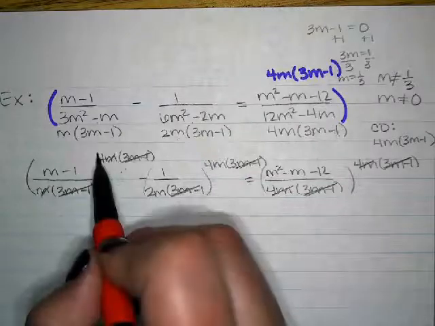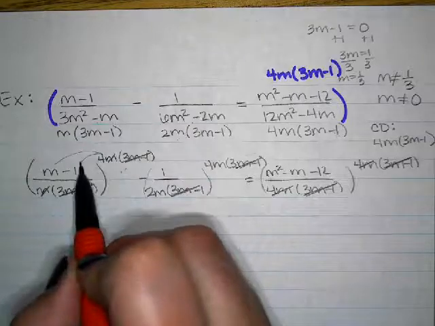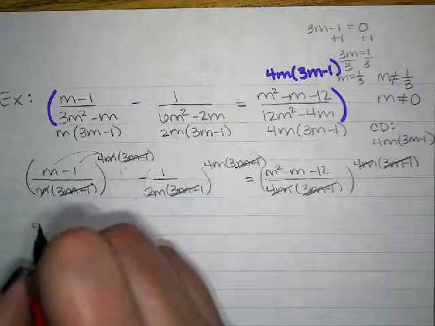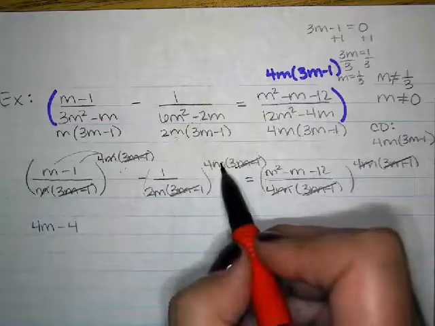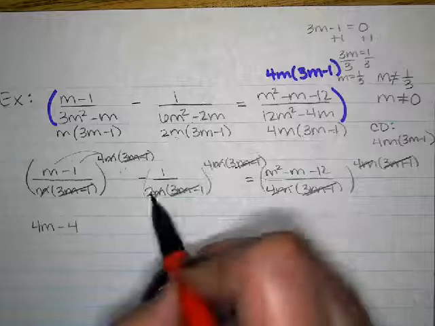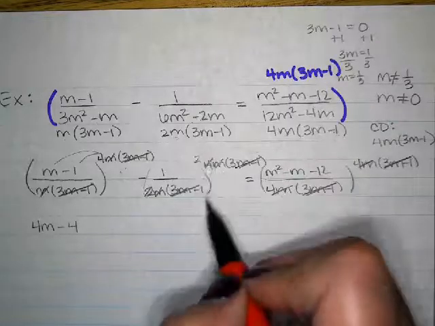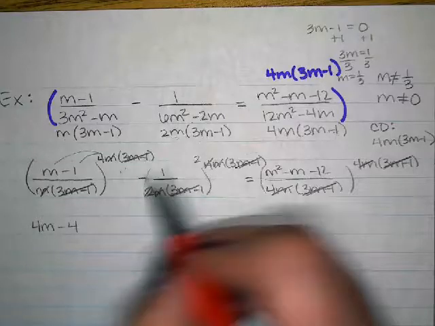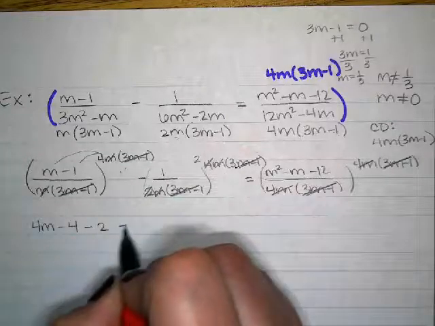For this one, the m's cancel, and then 4 and 2 can reduce. So we have minus, and then 2 times 1. And over here, everything canceled, thank goodness, because the top was going to be not fun to multiply.